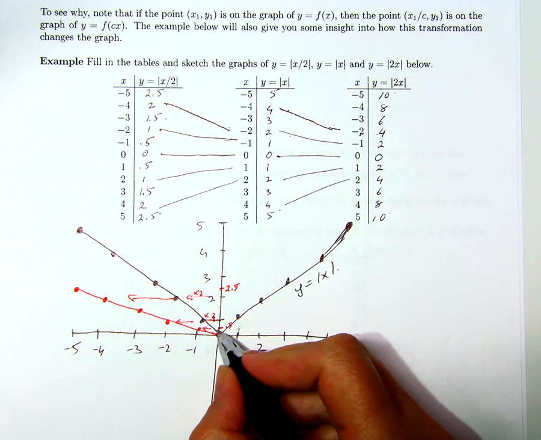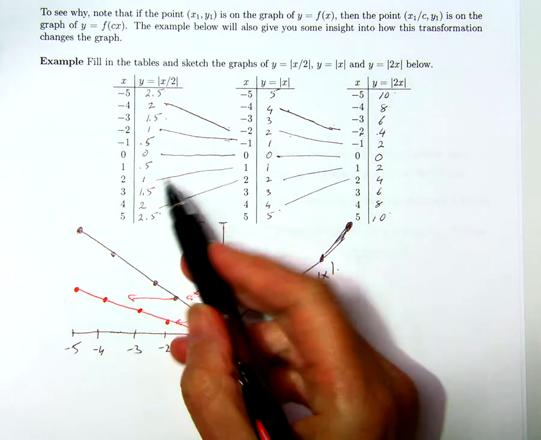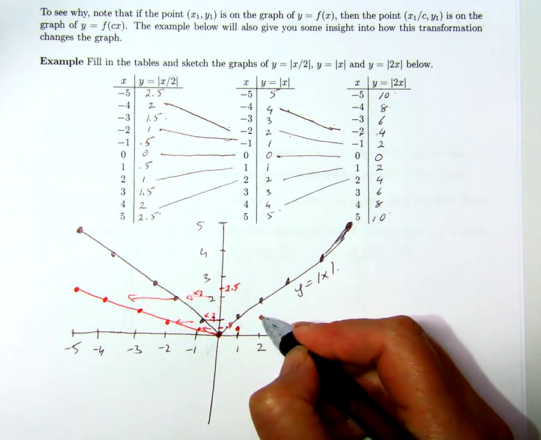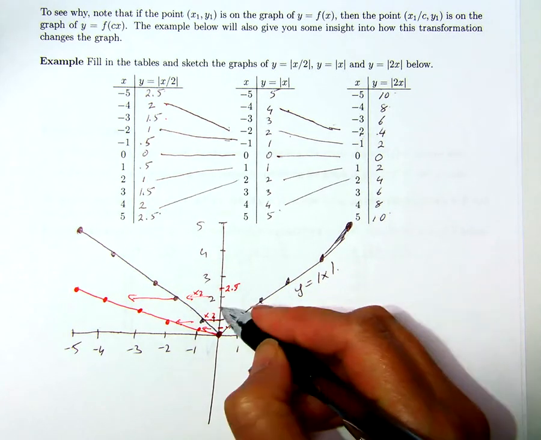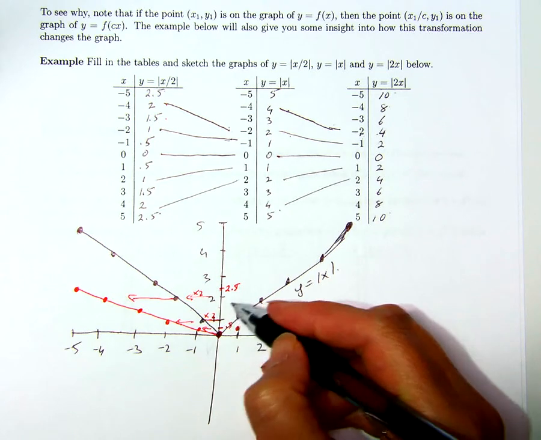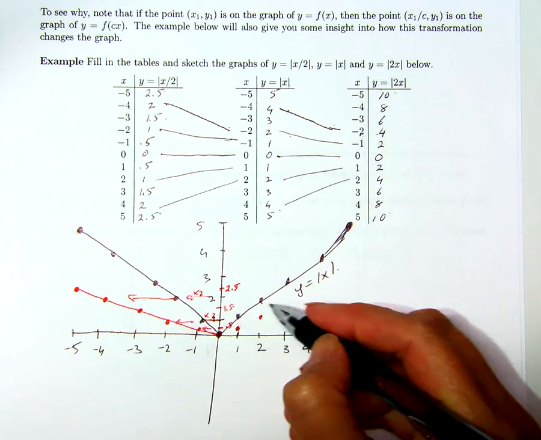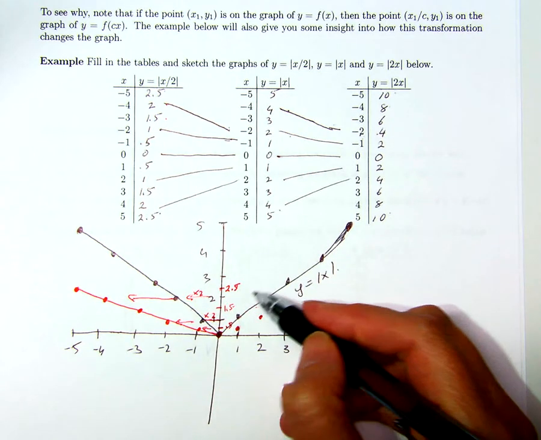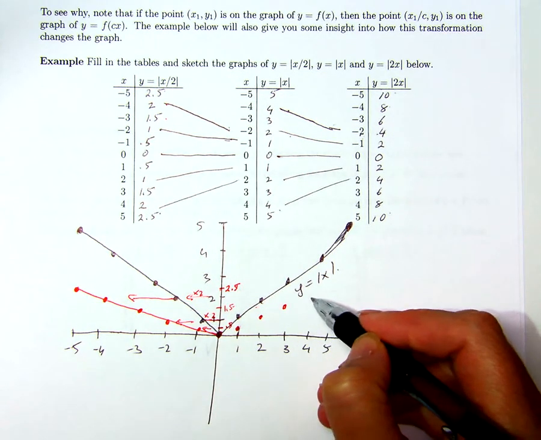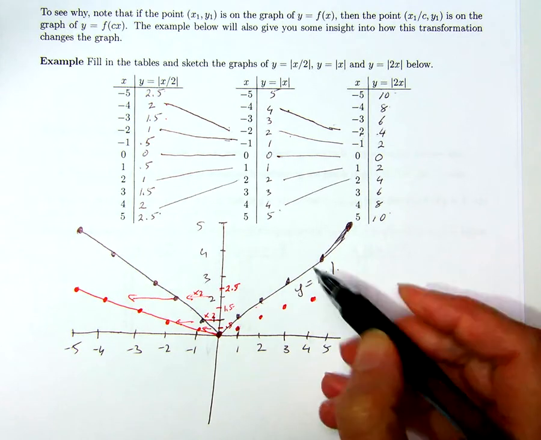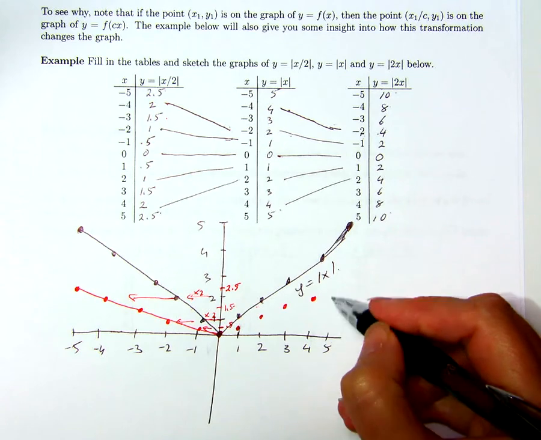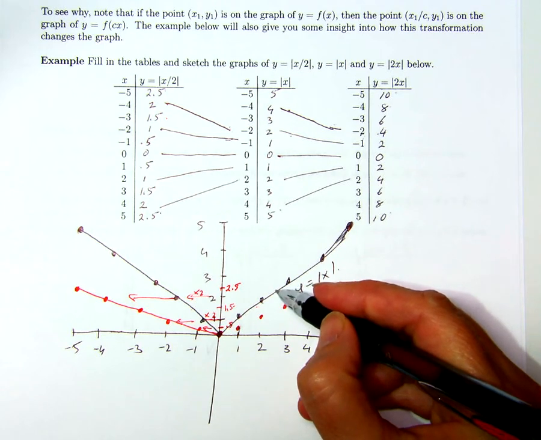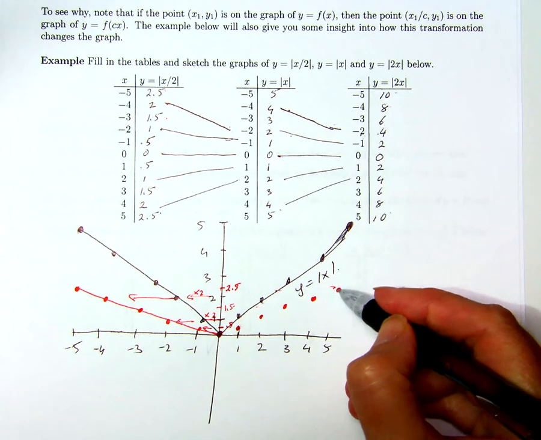The same thing here, this point gets pushed out to the point 1.5, and this one gets pushed out to the point 2.1, and basically there's one between here which gets pushed out to the point 3, 1.5, and then this one here, 2, gets pushed out to the point 4.2, double the distance, the x value, and basically this point 2.5 on this graph gets pushed out to the point 5, 2.5.